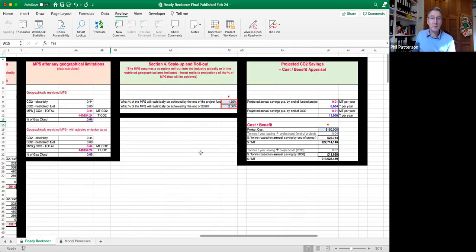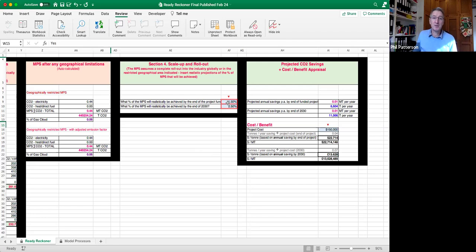When we look at the scale, obviously, if you're looking at a geographically limited project, it's quite easy to imagine that you could reach quite a lot of those maximum potential savings because there's only a few facilities in that country.